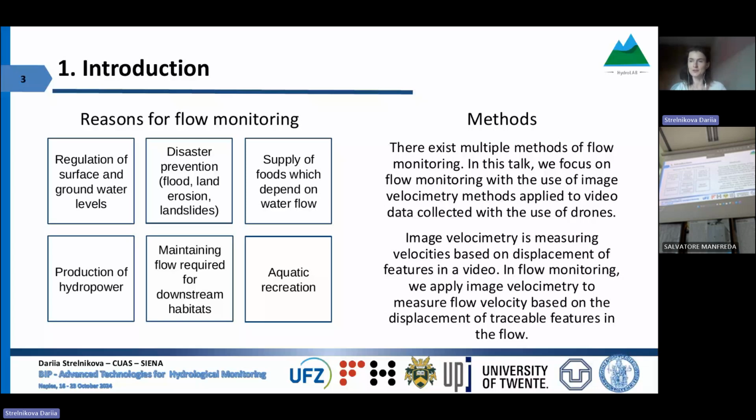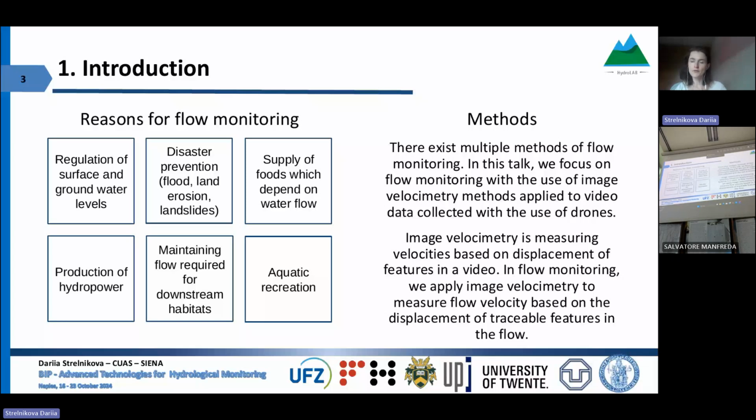On the other hand, we need to understand how much water can we also use to remain, or to be remained for the downstream habitats. And there is a maybe less important topic of aquatic recreation, but it's also a big field of human activity. So for this, we also need to monitor flow to understand the flow.